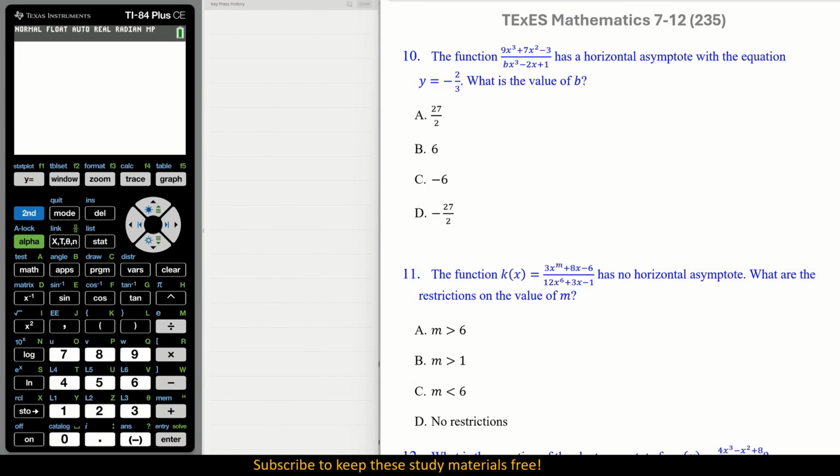Number 10. The function has a horizontal asymptote with the equation y equals negative 2/3. What is the value of b? Now, let's note our actual function and what it looks like.